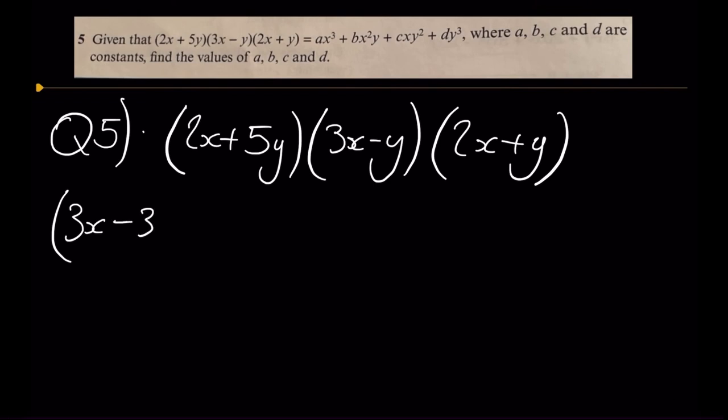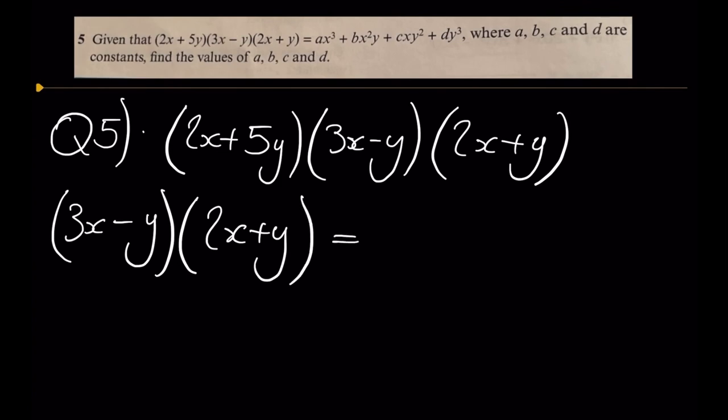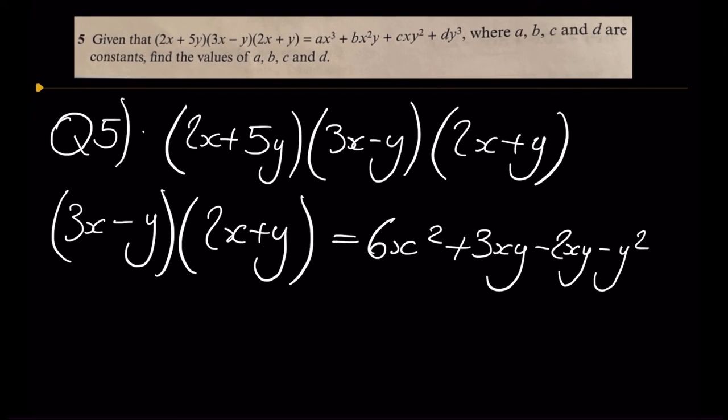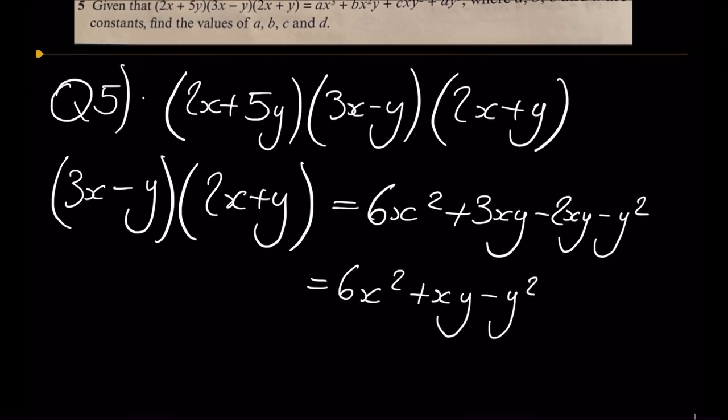So 3x minus y and 2x plus y, which is equal to 6x squared plus 3xy minus 2xy minus y squared, and that simplifies to 6x squared plus xy minus y squared.